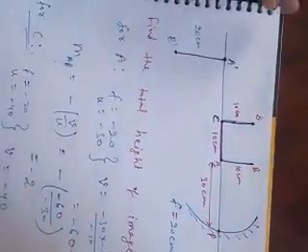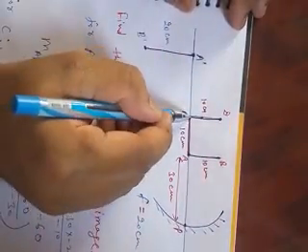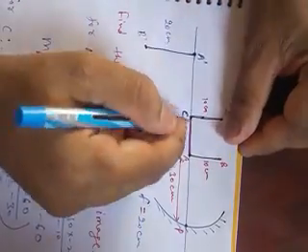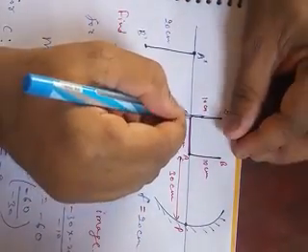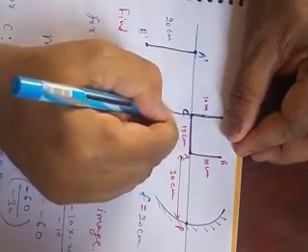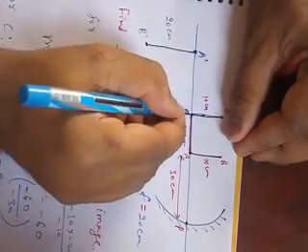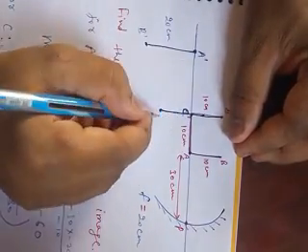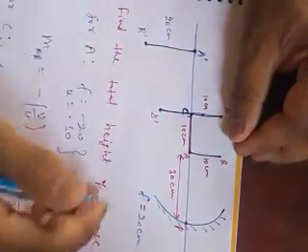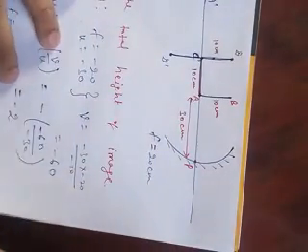What is the significance of -1? Since the object is kept on the center of curvature, the image will also be at the center of curvature itself and of the same height. So this point is your C dashed also, and this point will be your D dashed. So the final image will be like this.